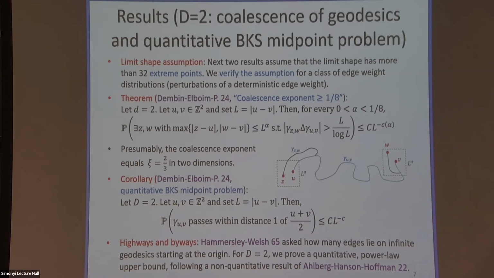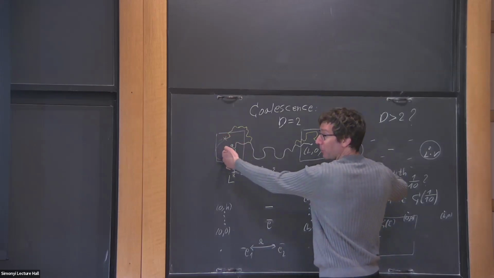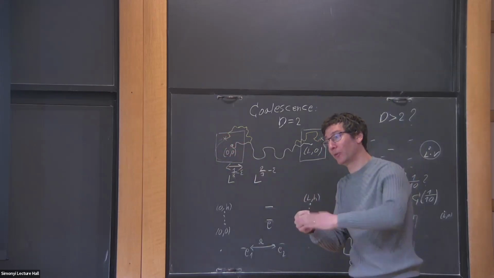So our proof doesn't apply unconditionally to uniform [1, 2], but it applies unconditionally to uniform [1, 1.1]. There's something there, but in any case, if you ignore the possibility of going around, which we rule out, then what is important to us is that the top geodesic stays above the bottom geodesic. It cannot cross it.